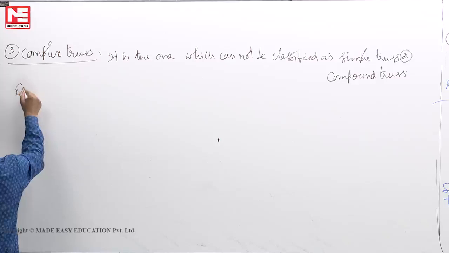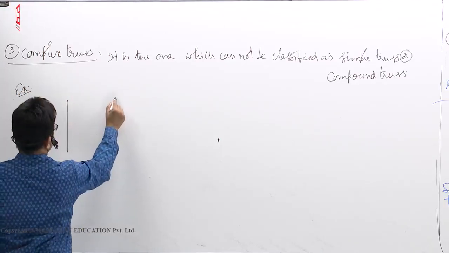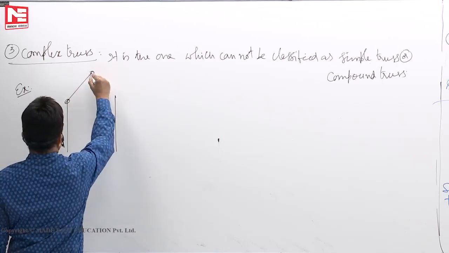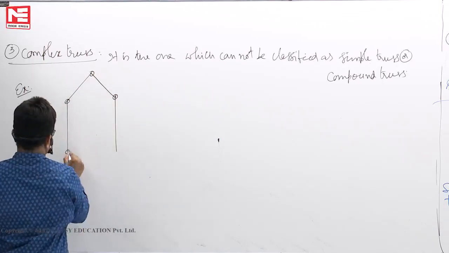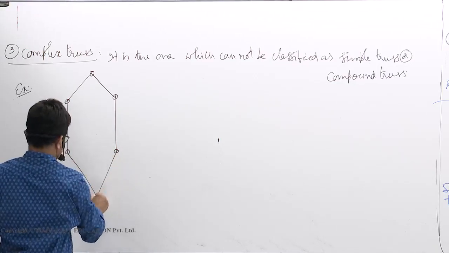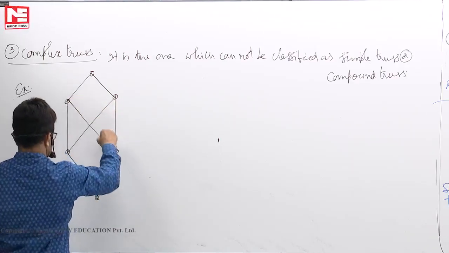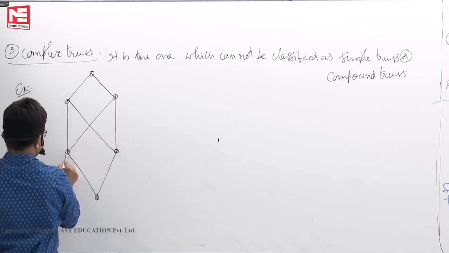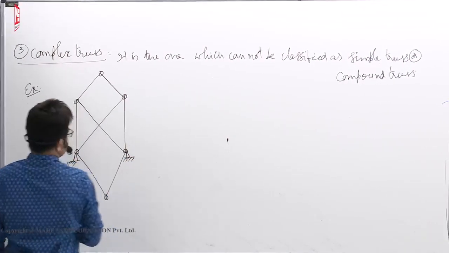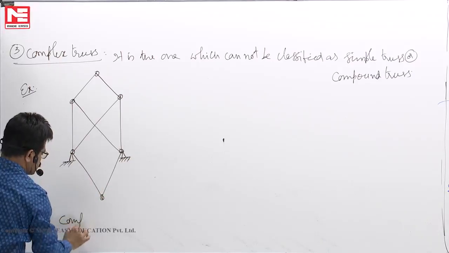Example, supposing this, what I have given you earlier. This member is like this, say. This is connected like this, like this. Then this is the pin, this is also a hinge. If two hinges are there, the vertical member is not required. This is complex.